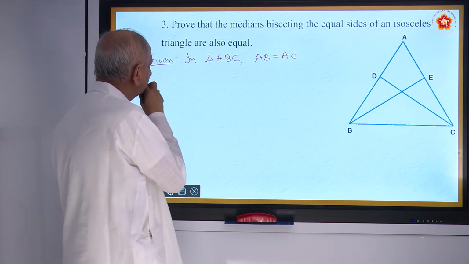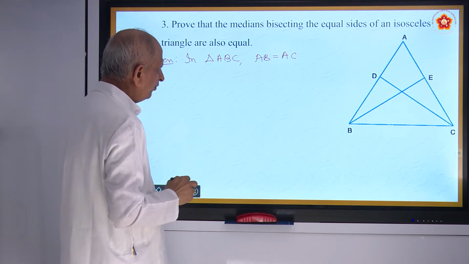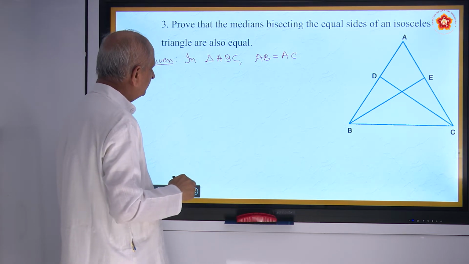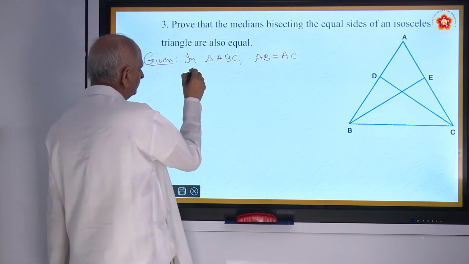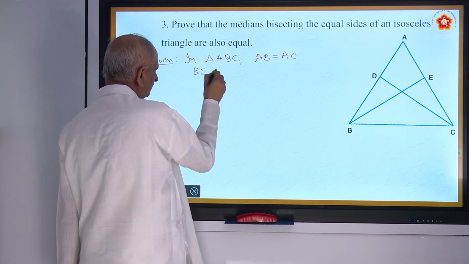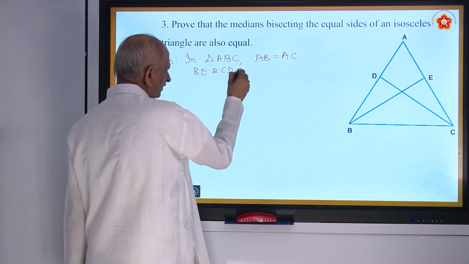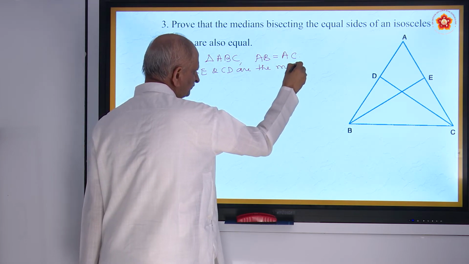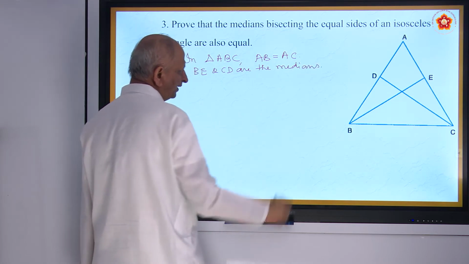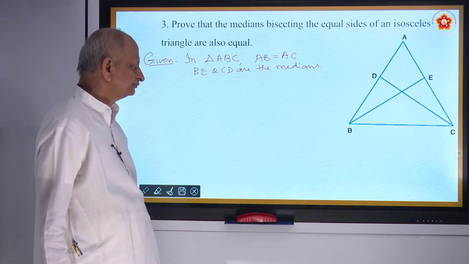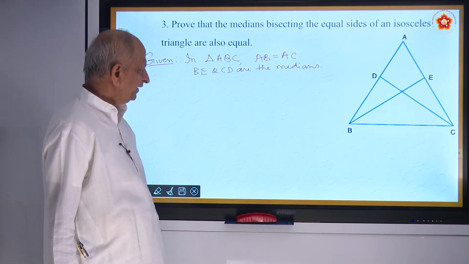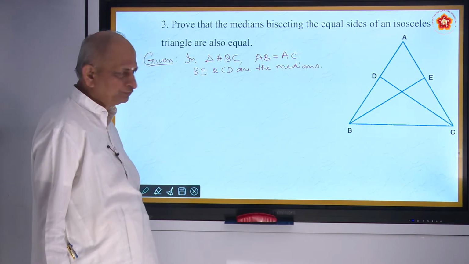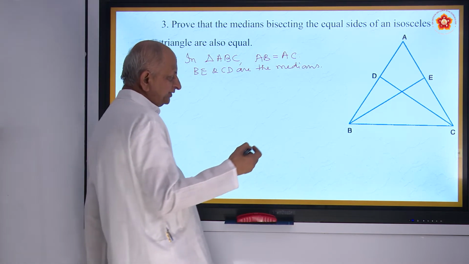Okay. And what are BE and CD called? BE and CD are the medians. What do the medians do? They bisect the opposite sides.